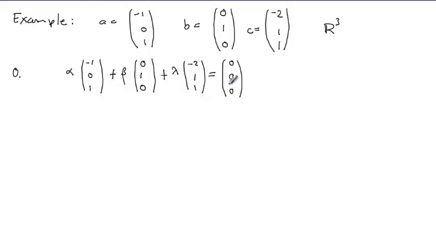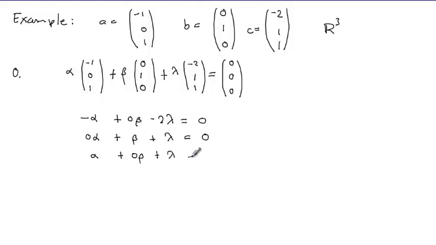Now, we can take this to our usual system of equations: minus alpha plus 0 beta minus 2 lambda equal to 0; 0 alpha plus beta plus lambda equal to 0; then alpha plus 0 beta plus lambda equals 0.